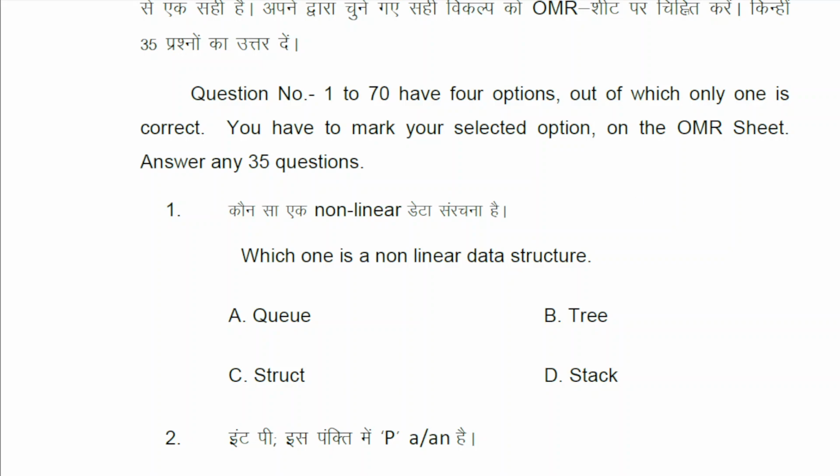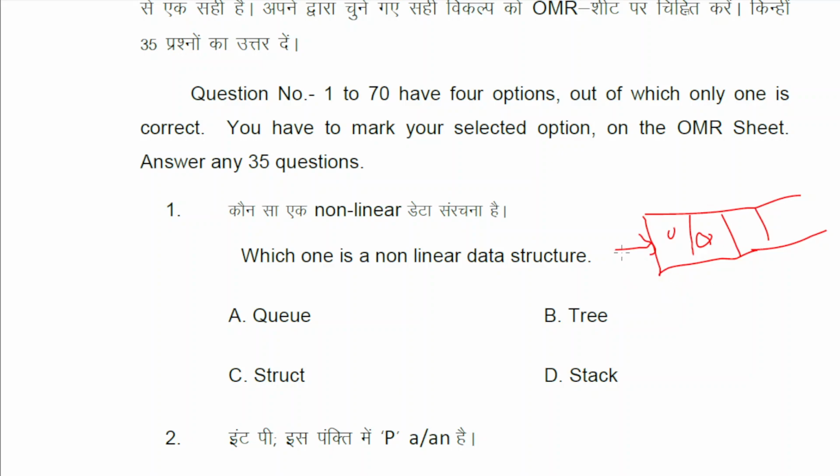Linear, non-linear data structure, you know already. In a linear data structure we have things in sequential order, like we can access things in sequential order. If this is an array and you want to access some element from here, we can access it sequentially only. So array is one example of a sequential data structure.